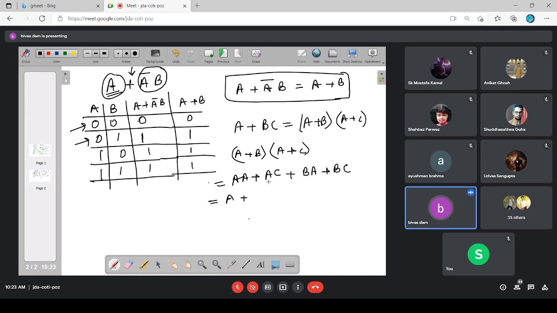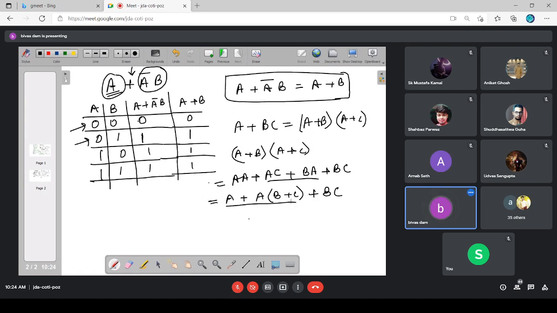Then from these two, I can take A common. From AC plus AB, I can take A common, and within bracket, I'll be having B plus C. Plus BC.